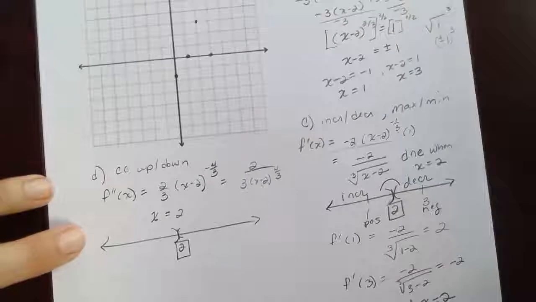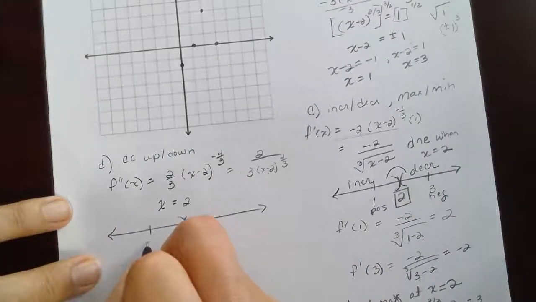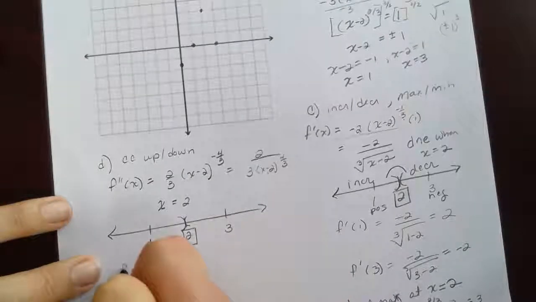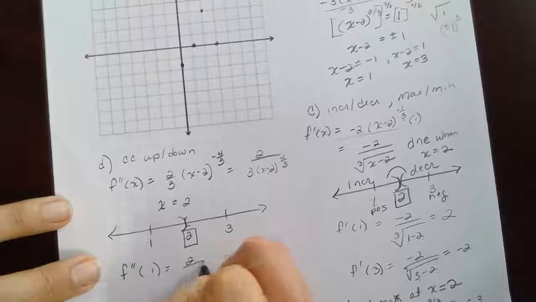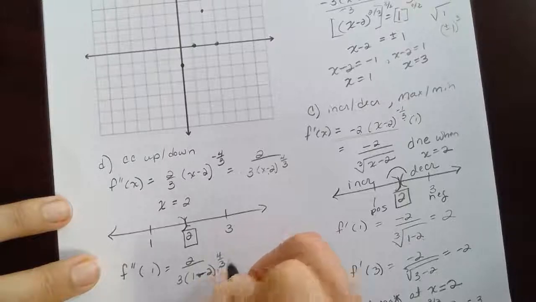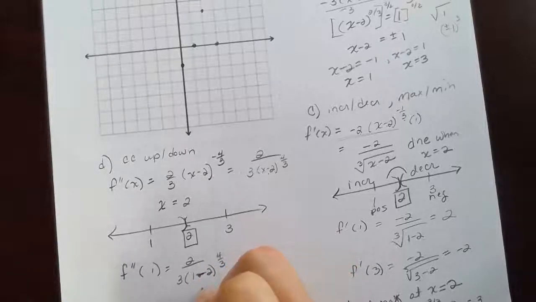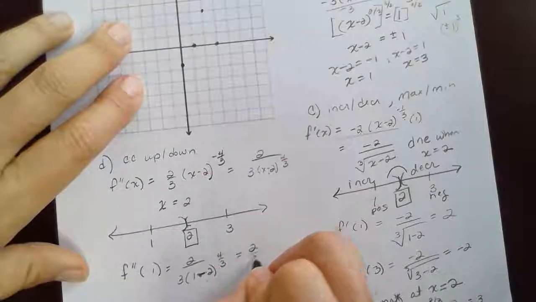Let's go ahead and test for concavity on either side of this. So on the left side we'll use 1, on the right side we'll use 3. Second derivative evaluated at 1: 2 over 3 times 1 minus 2 to the 4/3. So 1 minus 2 is negative 1. Cube root of negative 1 is negative 1. Negative 1 to the 4th is positive 1. So this is just 2/3.